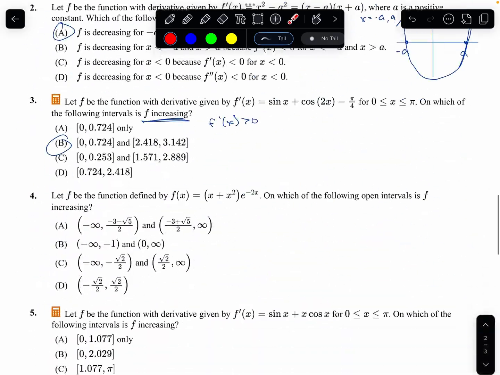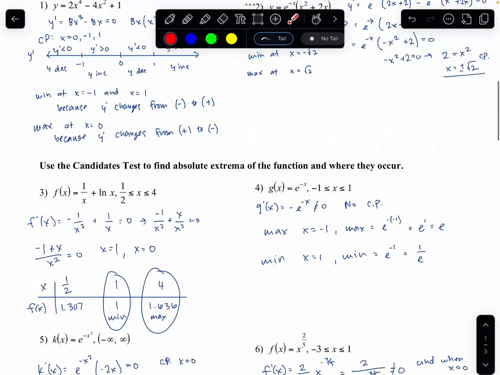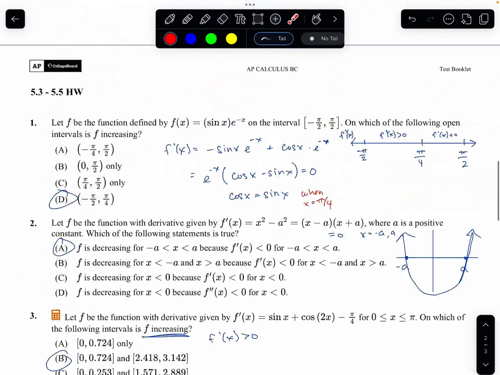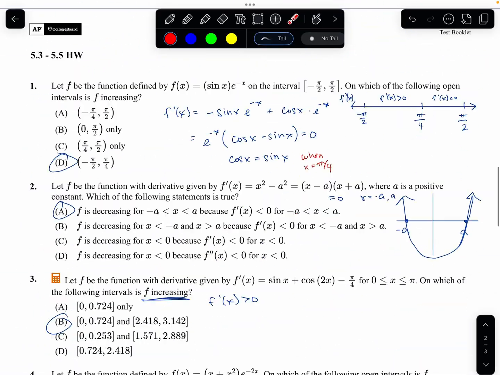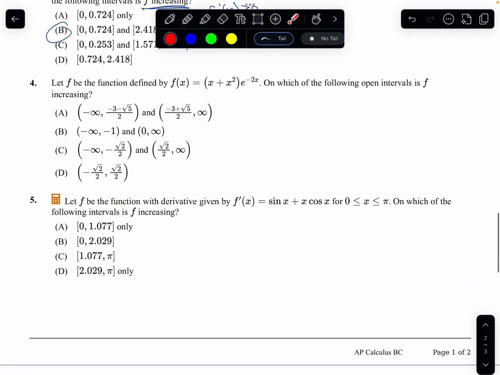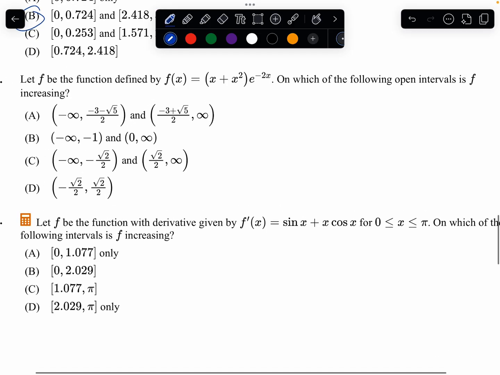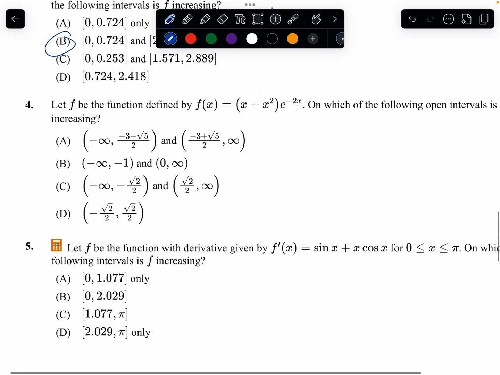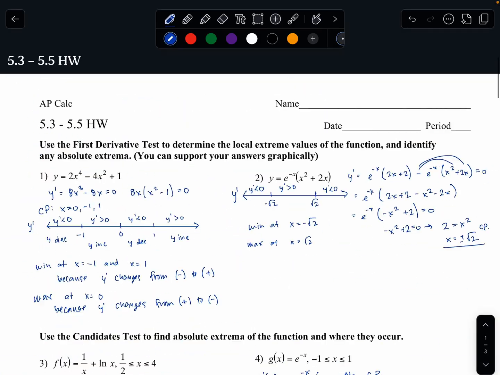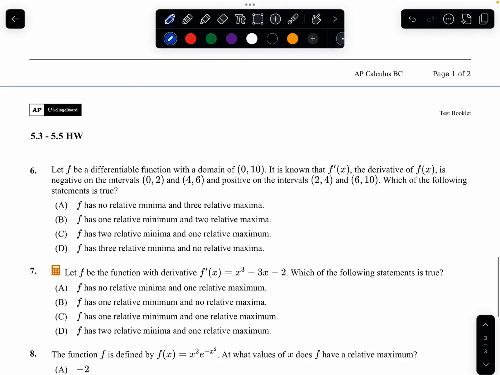Is that the same thing? e to the negative 2x x squared plus, oh, those are almost the same. No, okay, that was almost the same. If that's the same, then this is going to take a while. Not really, maybe. Okay, let's just do it.